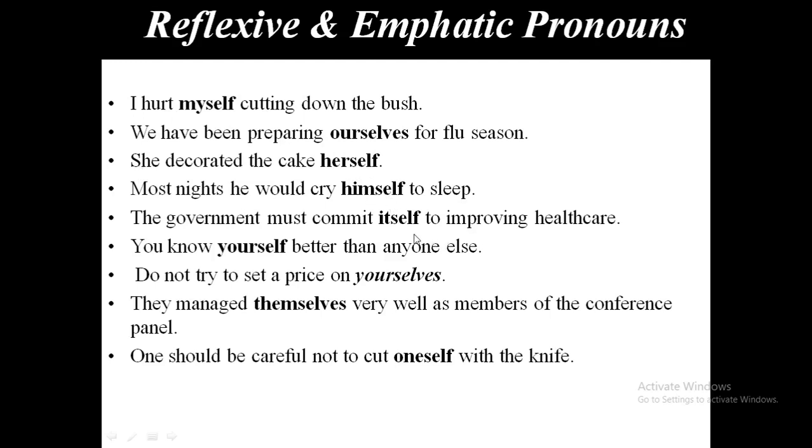Itself, which is impersonal or neuter gender, is used with common nouns, meaning impersonal things. Yourself as a singular you, and yourselves as a plural with you, then themselves with they, and oneself with one. So these are all called reflexive pronouns.